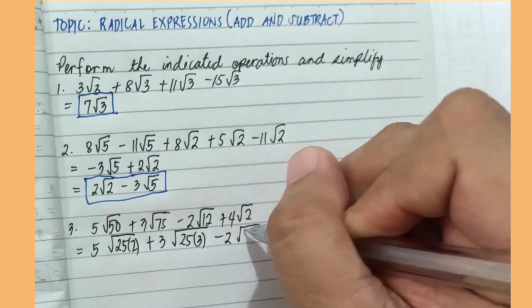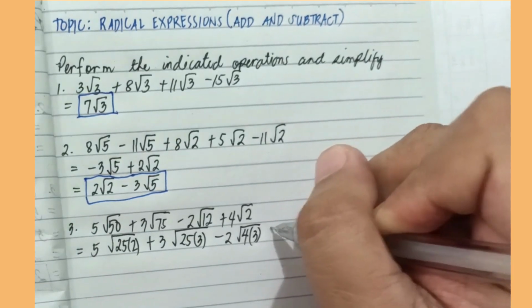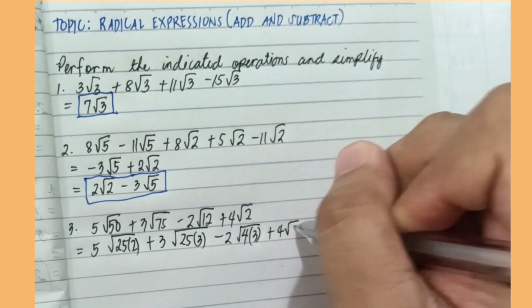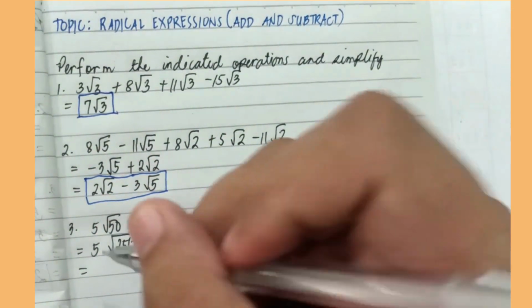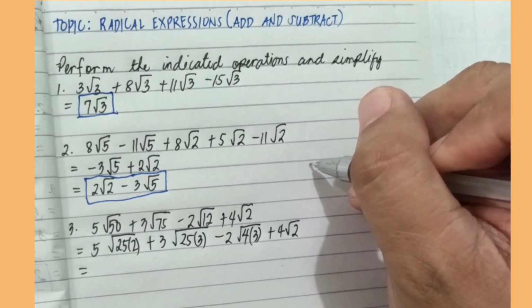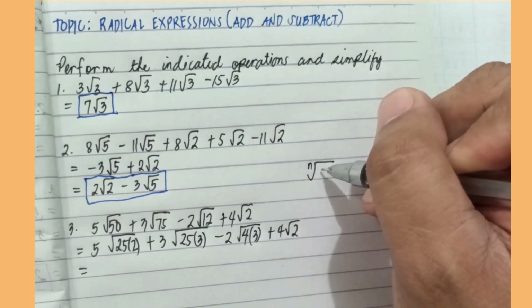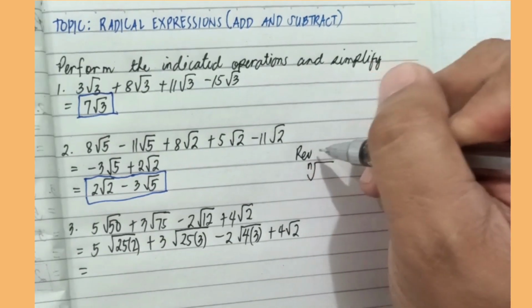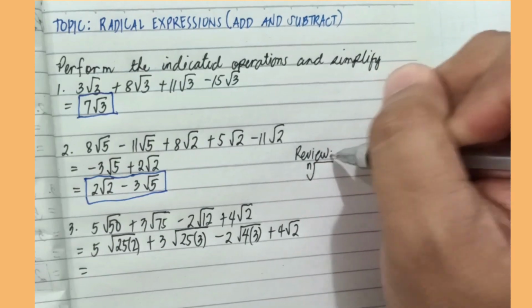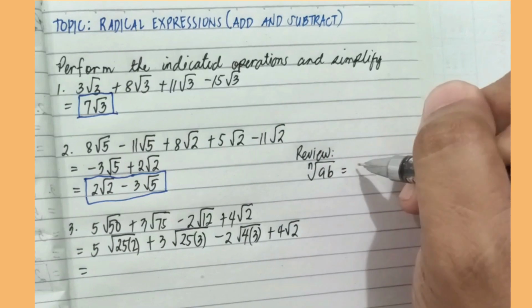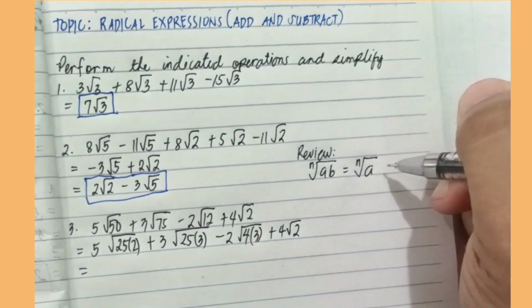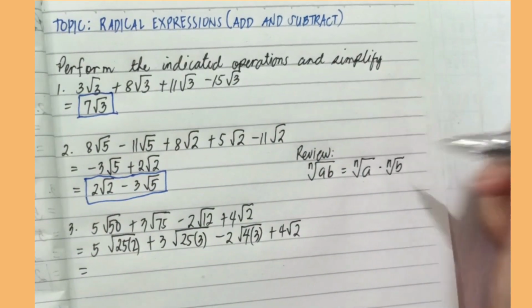Then 2 square root of 4 times 3 plus 4 square root of 2. So in this case, take note that we have to remember our review that stated the nth root of a times b is the same as the nth root of a times the nth root of b.